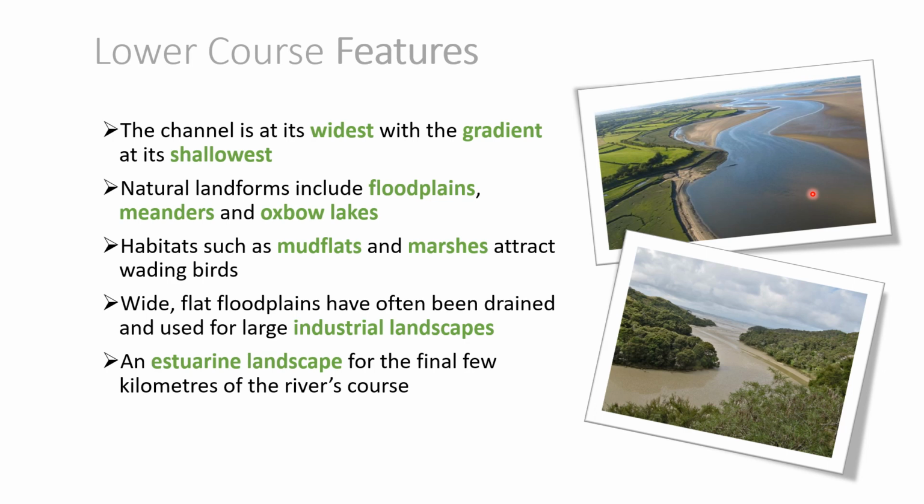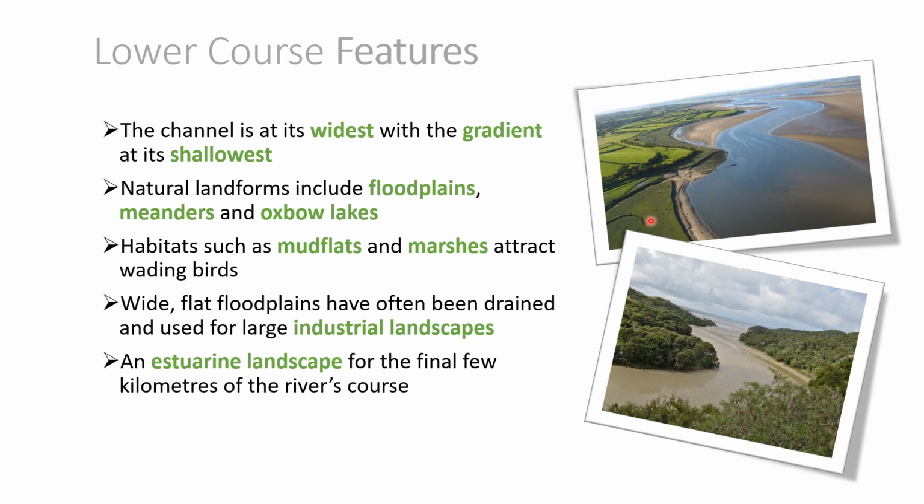Now, we've already talked about the features, and you can see here the floodplains. These are big flat areas next to the river. The meanders, you can see the bends in the rivers here. You can just about make out some little oxbow lakes on the side here, but I'm struggling to see really good examples.